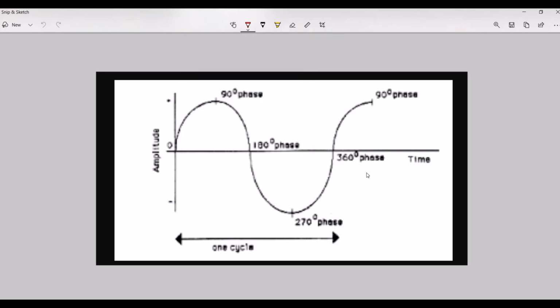If we draw a circle, here we have 0 degrees, this is 90 degrees, this is 180 degrees, then this is 270 degrees, and as it is a circle, this is 360 degrees.